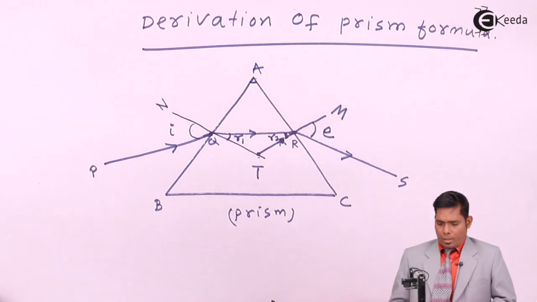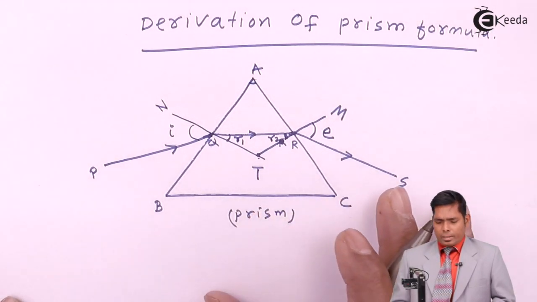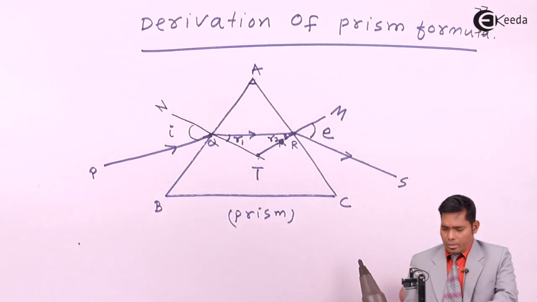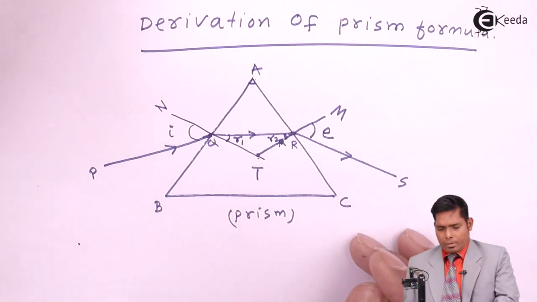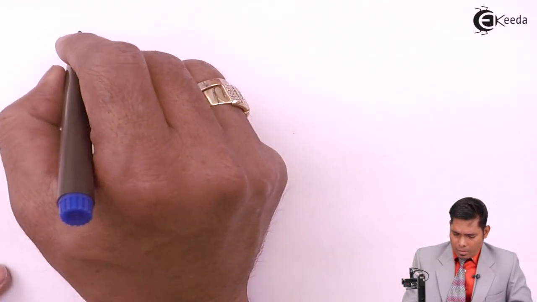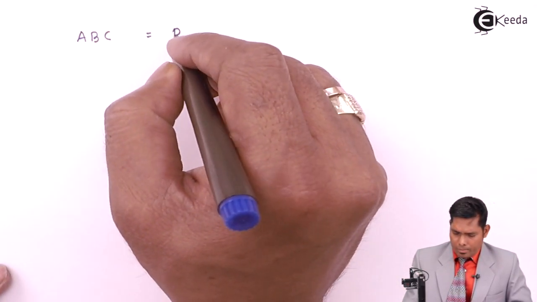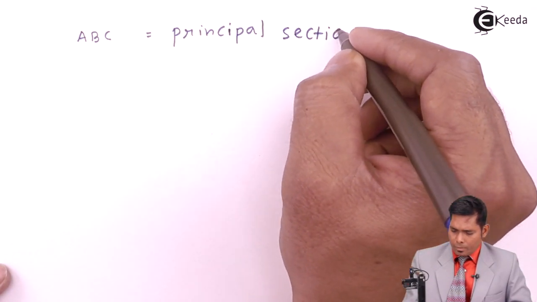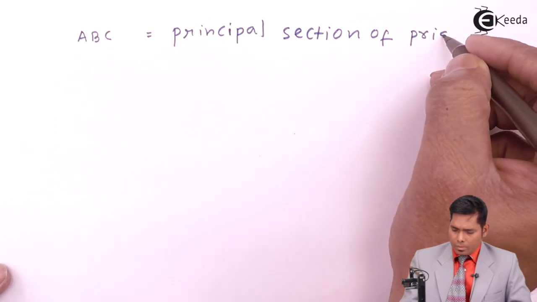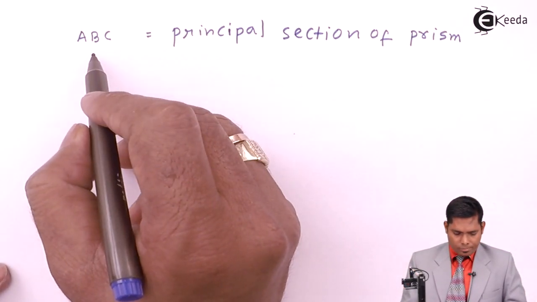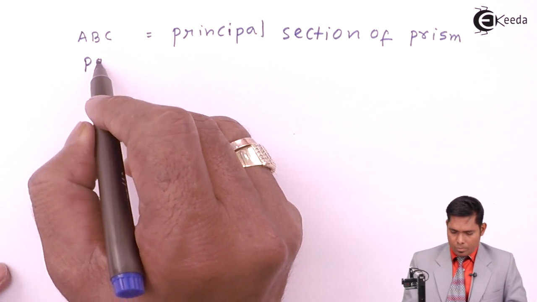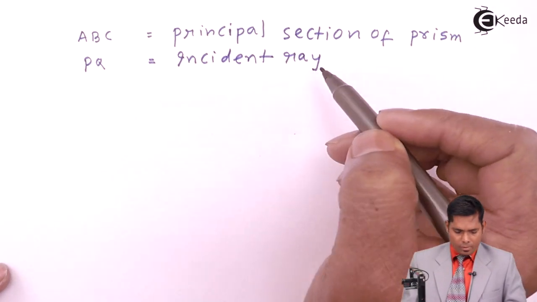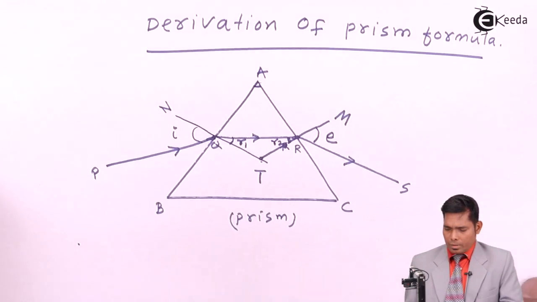Now, I will first write everything that we have considered here on another page. ABC is the principal section of the prism.